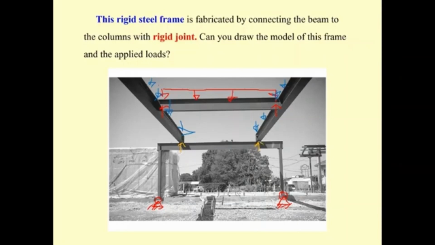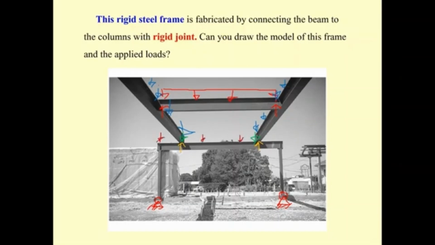And by Newton's third law, the reaction here may apply again to the beam of the frame. Okay, and also this frame has its own weight. So this frame is going to have what? It's going to have the uniformly distributed load along its length.